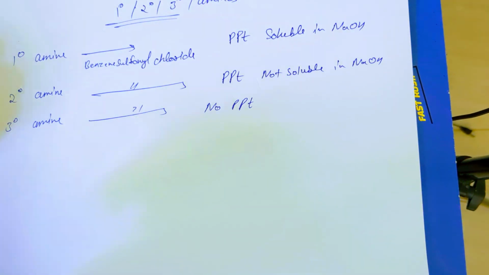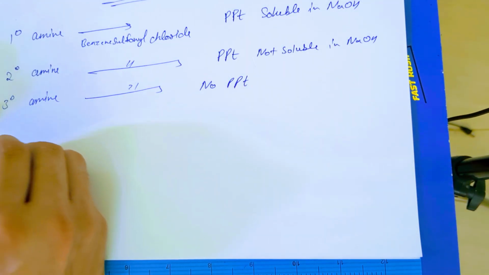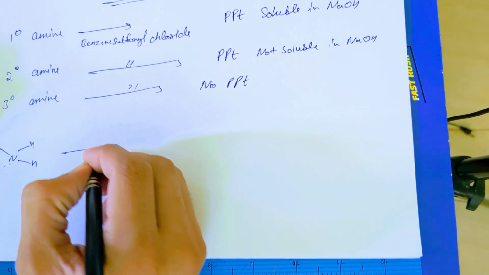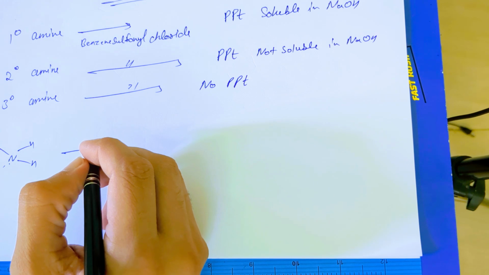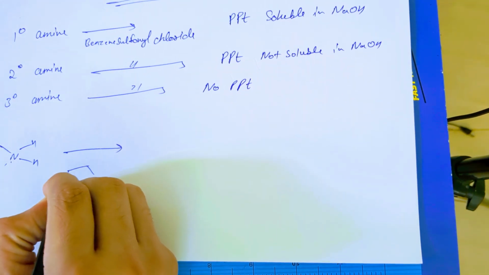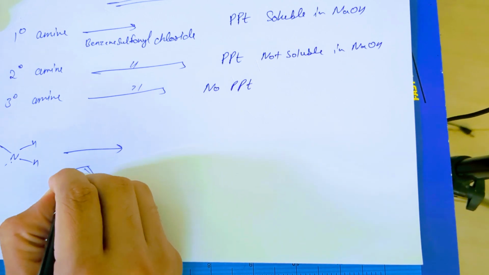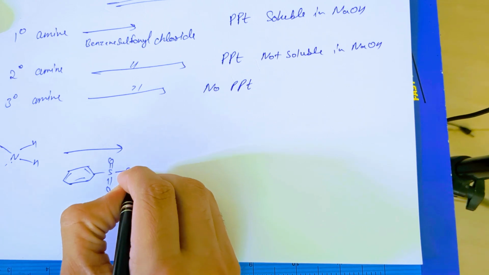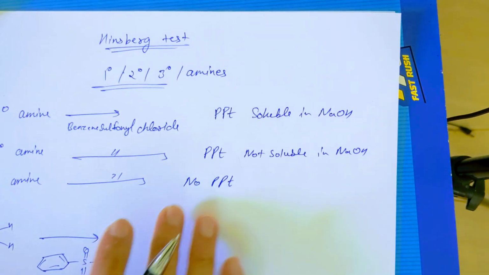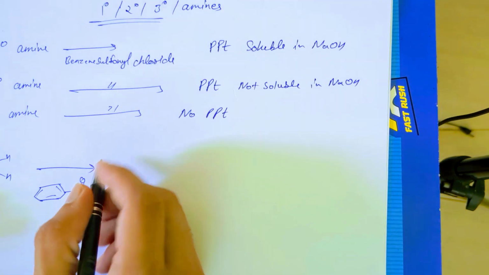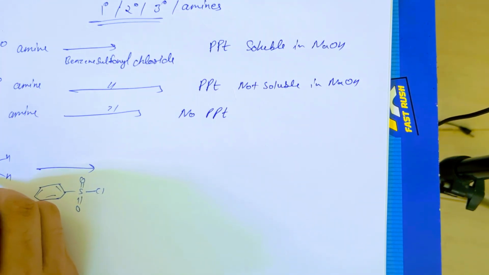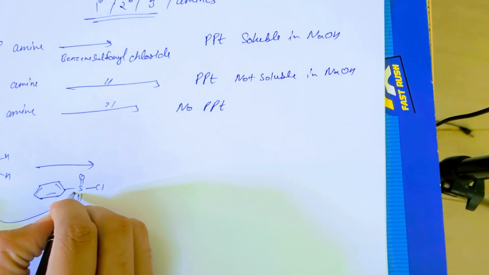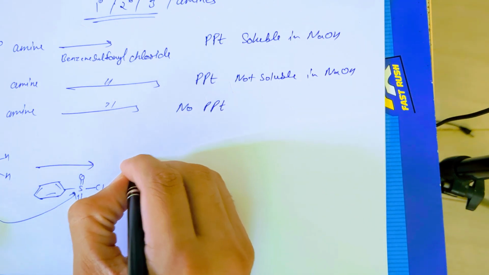Let's see its mechanism. When we have primary amine with benzene sulfonyl chloride, the lone pair present on nitrogen attacks the sulfur, and we get a species.